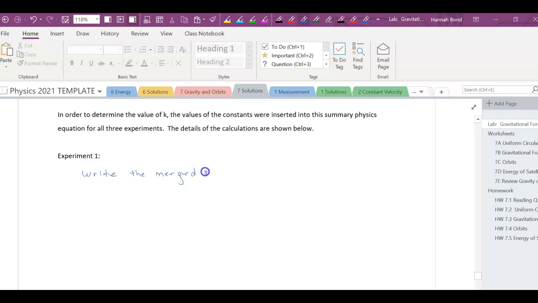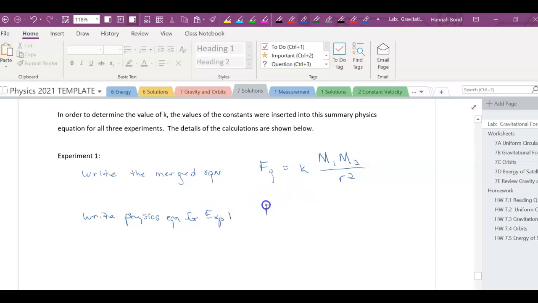Okay, so I know that the force of gravity equals that constant k times mass 1 times mass 2 divided by r squared. Then I'm going to write the physics equation for experiment 1.